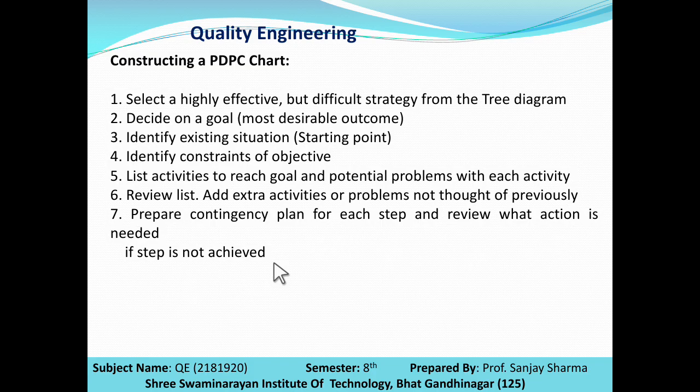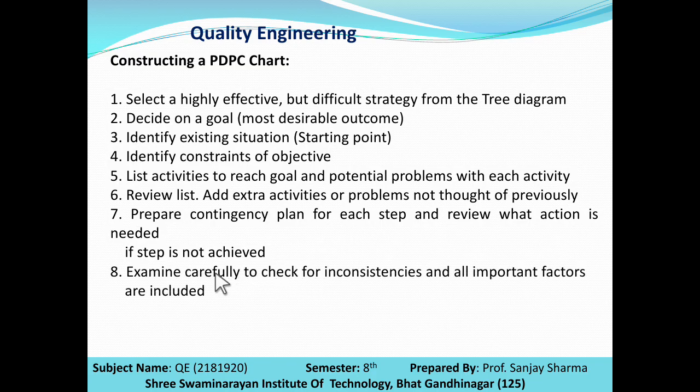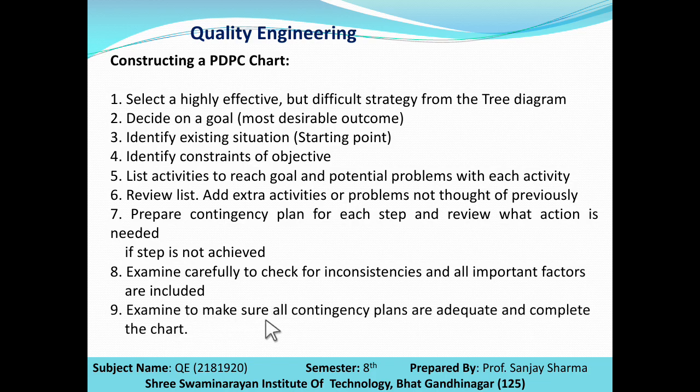It means review the thing and identify what steps should be taken if a particular thing is not achieved, what should be the step to be taken later on. Examine carefully to check for inconsistencies and that all important factors are included.